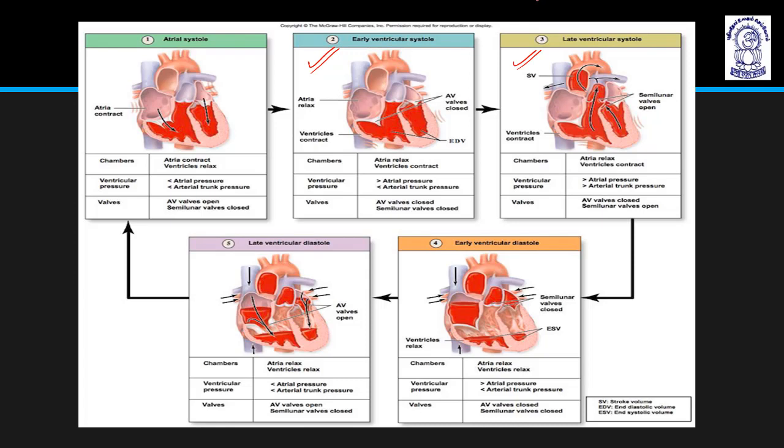The early ventricular systole shows the isometric contraction, where the ventricles contract. And the late ventricular systole shows the period of ejection.